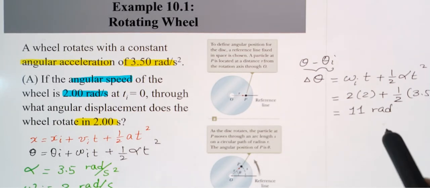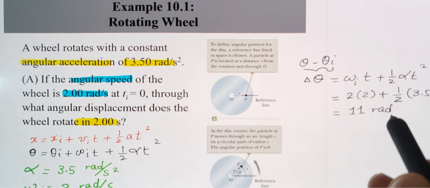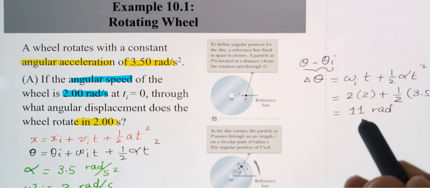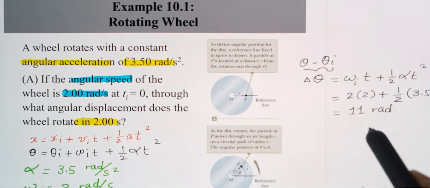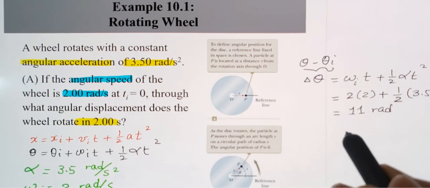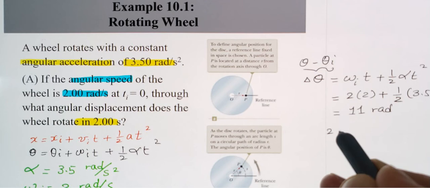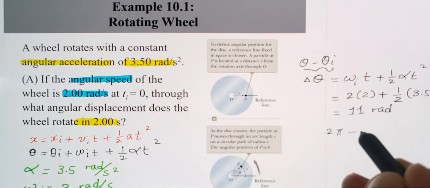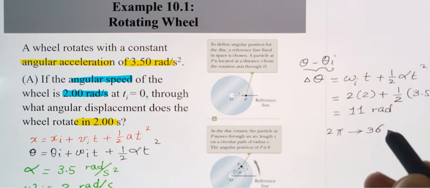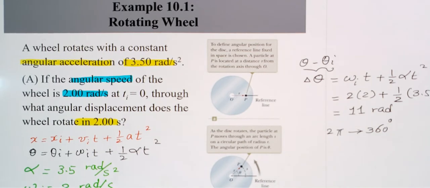Okay, can we say it in terms of degrees instead of radian? Of course we can. Look at this. We know that 2 pi is equivalent to 360 degrees. So what is 11 radian?